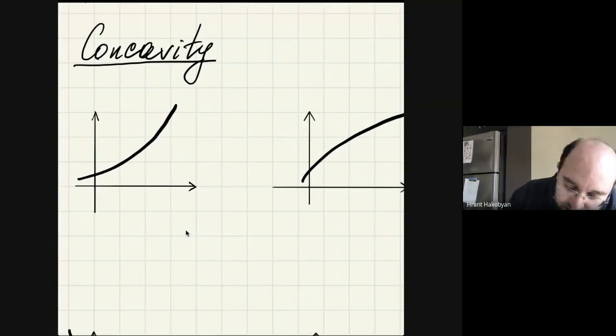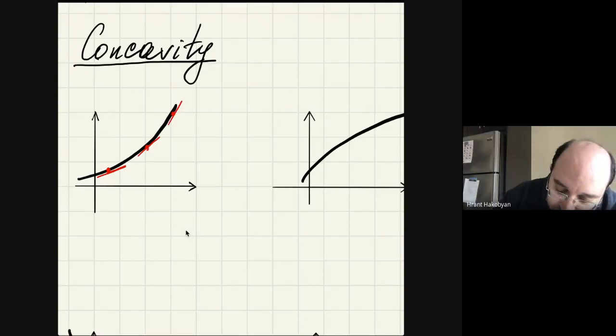The slope of this first function at that point would be the tangent line, so the slope would be the derivative at that point. If you take a later point, then the slope would be this, and if I take it even further, then the slope will be even steeper, right?